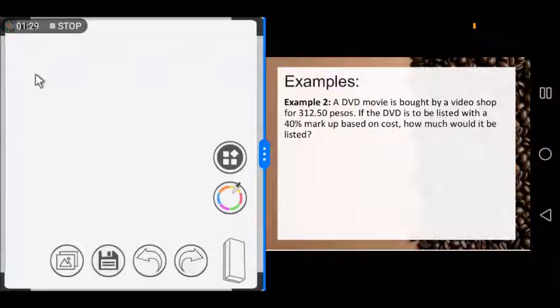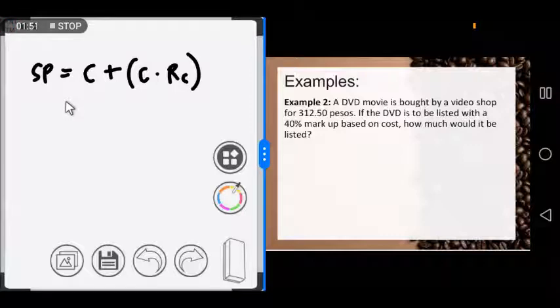Again, our formula for the selling price is the cost plus our markup. But since we do not know the markup, what we only know is the cost and the rate of markup based on cost. We multiply the cost by the rate of markup.